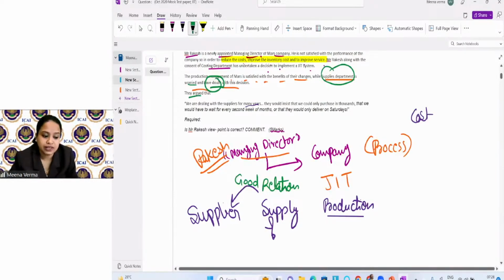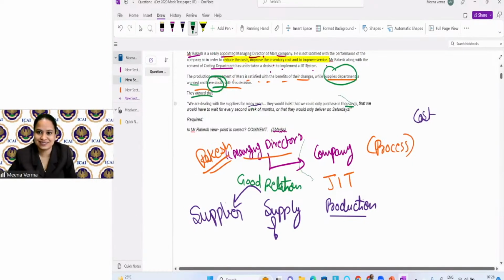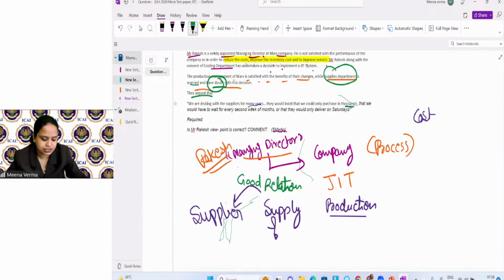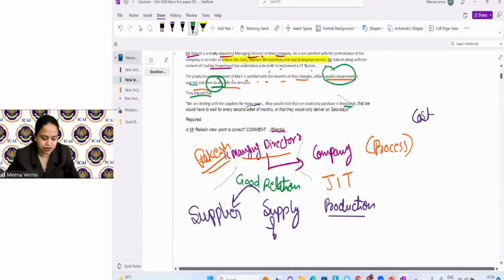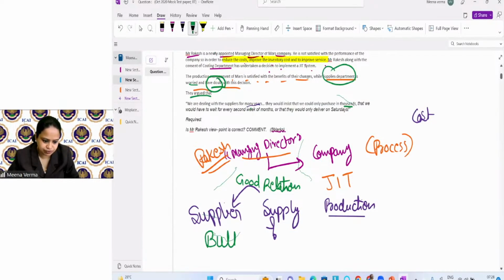What doubt? They argued that we are dealing with the supplier for many years. They would insist that we could only purchase in 1,000. Here they will insist that we buy the inventory in bulk. The supplier is not willing to supply the material wherever there is a requirement.